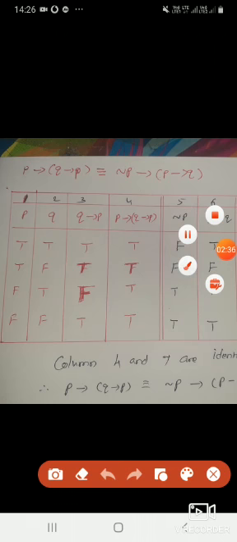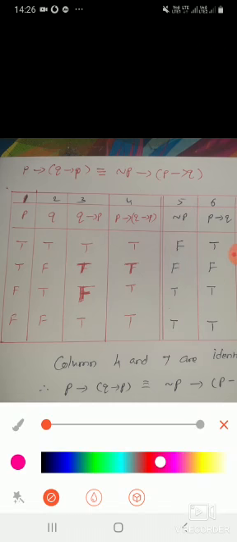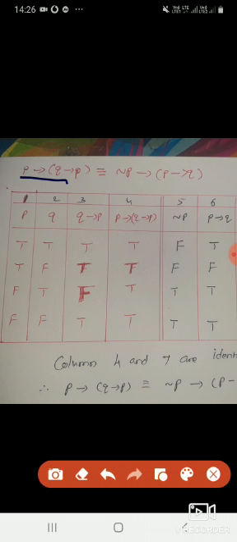Here I have to show this. Listen, we have to prove P implies Q is equivalent to negation of P conditional Q; we have to use the conditional table throughout. So what is the conditional table?